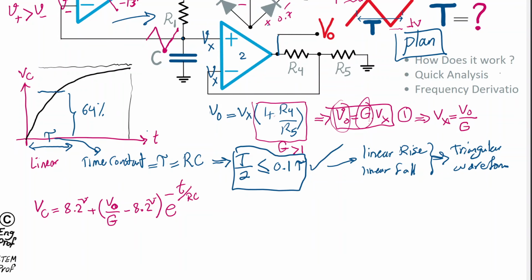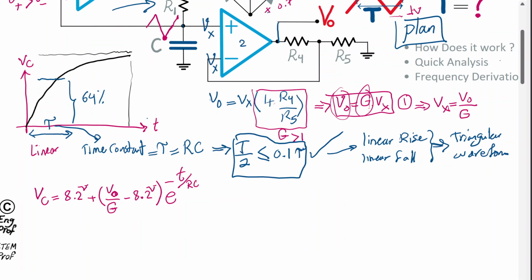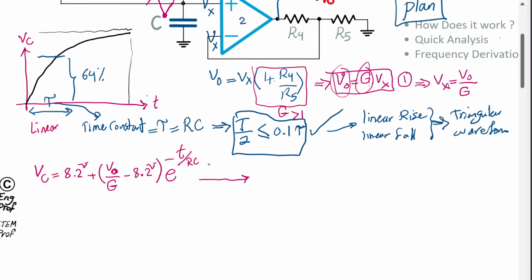This is the general standard exponential equation for the charging up of an RC circuit for the cap. Now, because we made the assumption that the time during the charge up is much smaller than RC, we can make the approximation that e to the power minus t over RC is approximated by simply 1 minus t over RC.